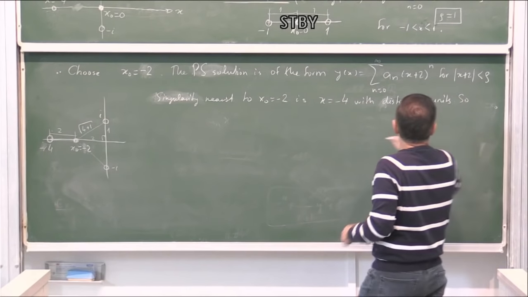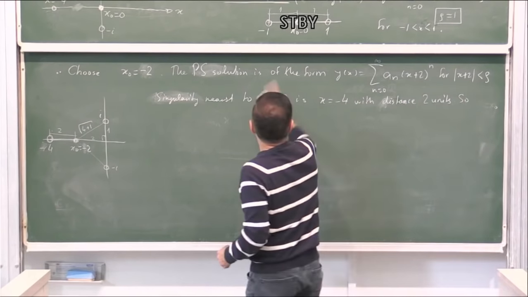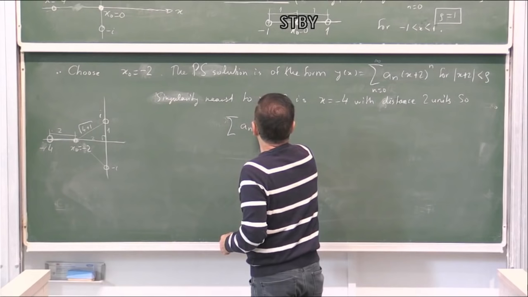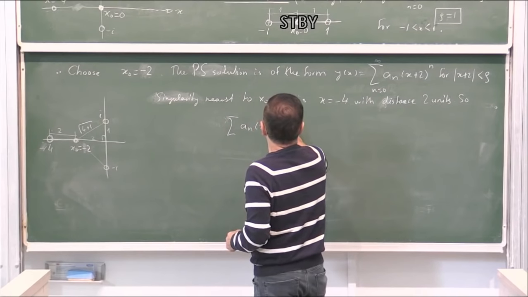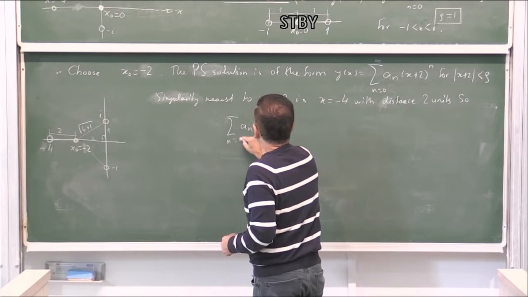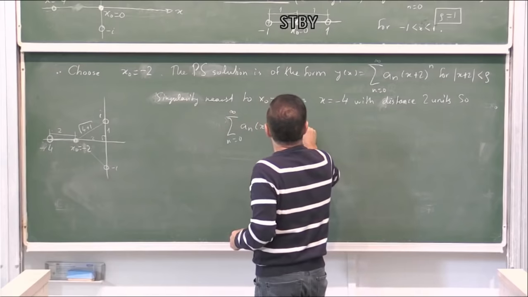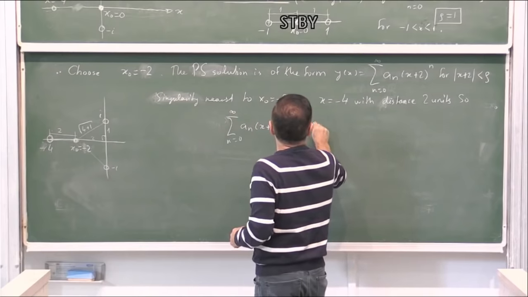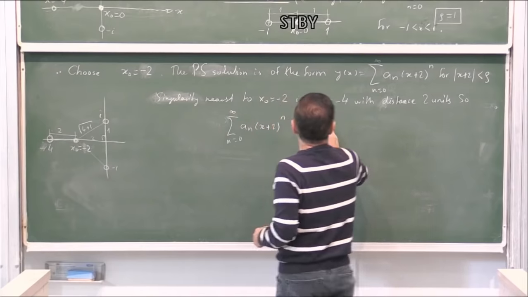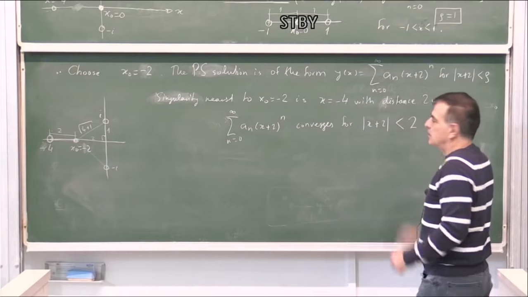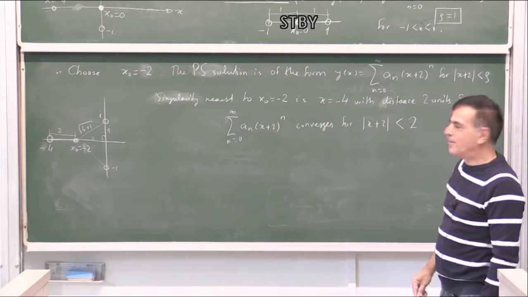So such a series solution, sum of an x plus 2 to power n from 0 to infinity, converges for x plus 2 smaller than 2. Okay?